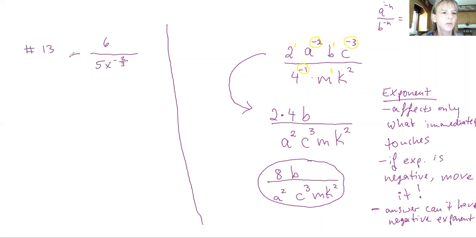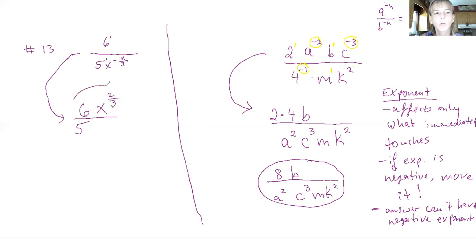So on this one, that was the actual number 13, people move that whole 5x to the -2/3 upstairs, and that is incorrect because that 5 has its own exponent, you see? The 6 has a 1 as an exponent, and the 5 has a 1 as an exponent technically. So 6 stays upstairs, 5 stays downstairs, and the only thing that moves is the x, and we're going to straighten out its attitude.